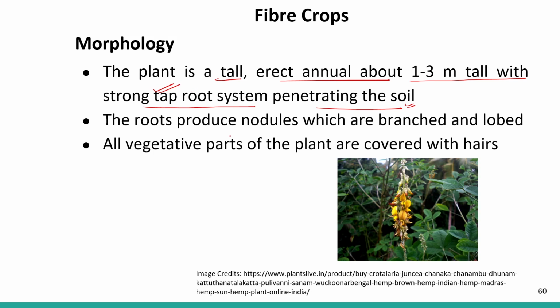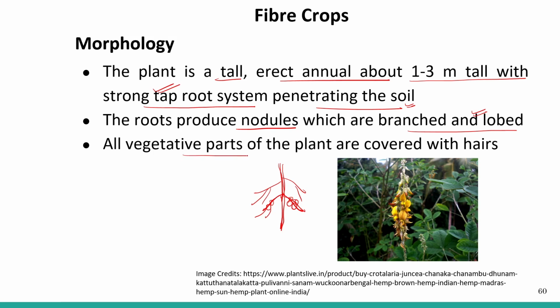The roots produce nodules which are branched and lobed. This is the tap root and these are the secondary roots, and they produce nodules which are branched and lobed.